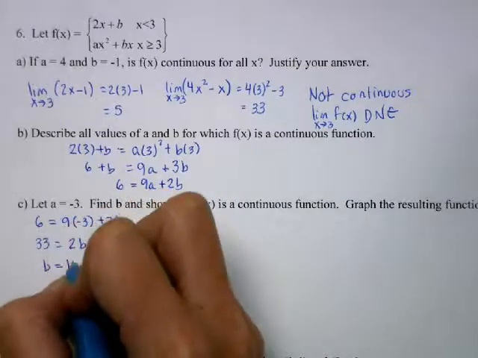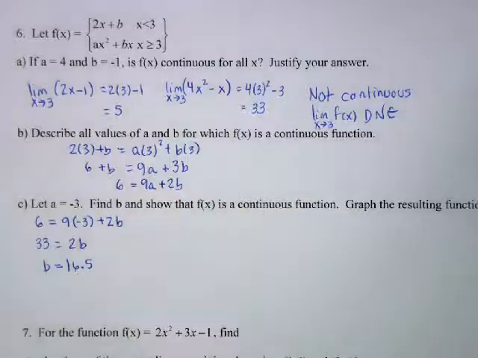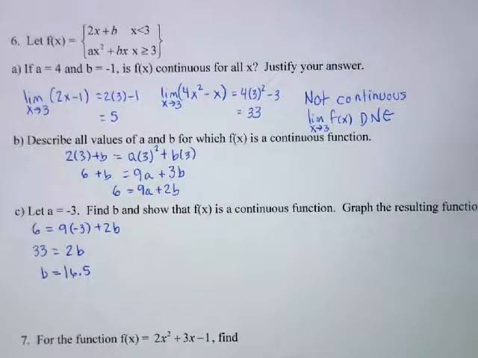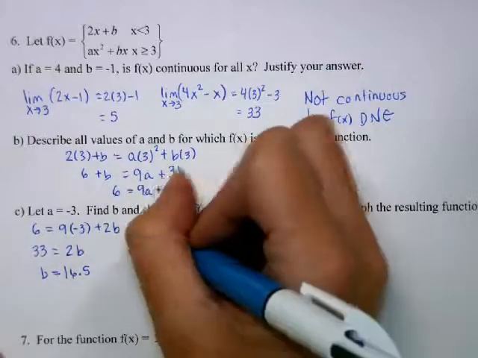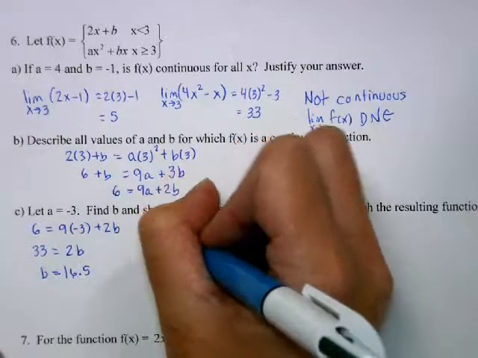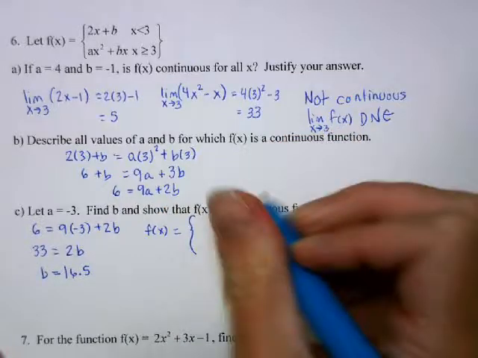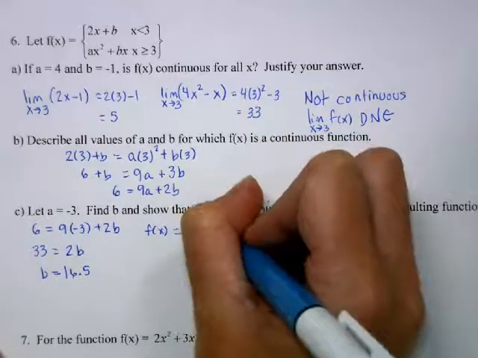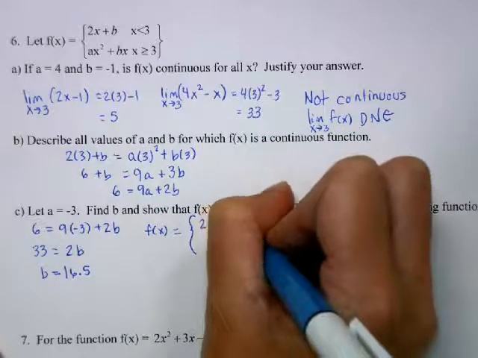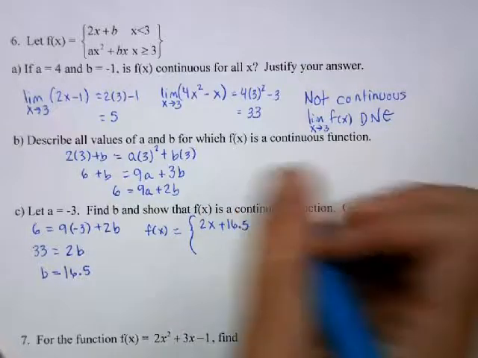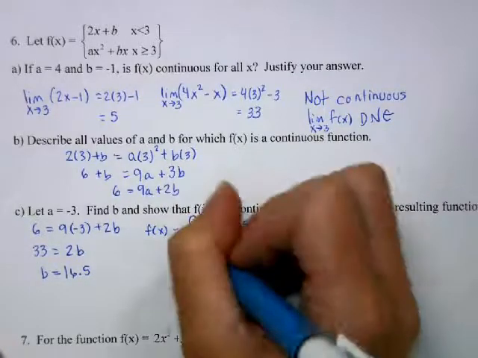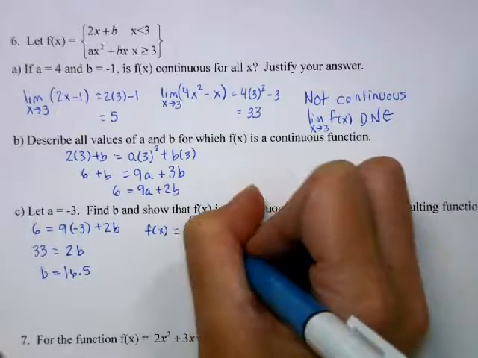Okay, so that means my f of x is now 2x plus 16.5 when x is less than 3, and -3x squared plus 16.5x when x is greater than or equal to 3.